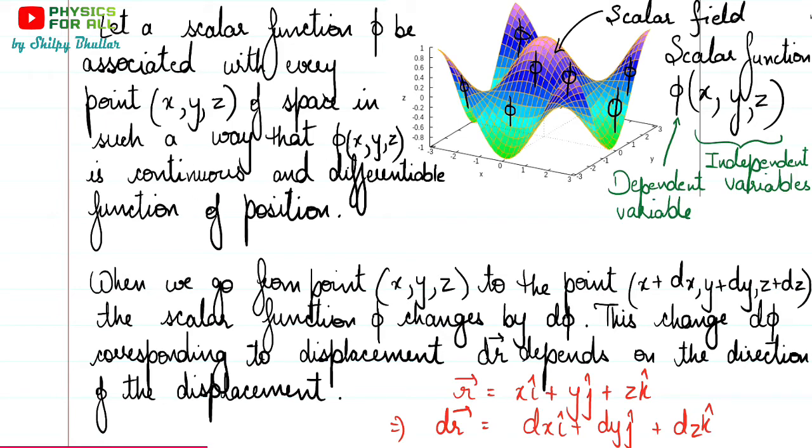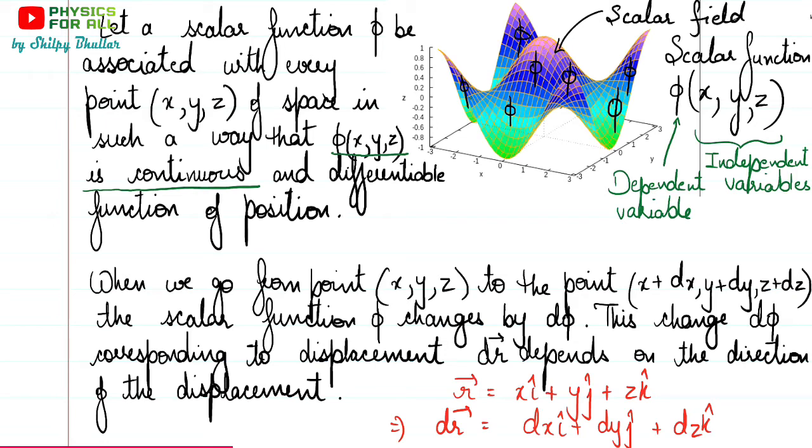And then this point is saying that phi of x, y, z is continuous. Yes, it is a continuous function, because continuous simply, as the word says, is something ongoing. Here you can see it's a continuous spread over some region. You are not seeing any breaks or cuts in this spread.